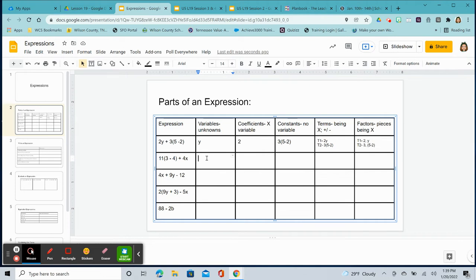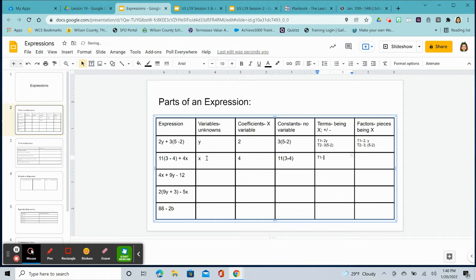The next expression, we do see a variable. We see x. That x has a coefficient of 4. There is a constant as well. And again, these are the pieces that do not contain variables. And then we have our terms. This expression is also one with two terms.